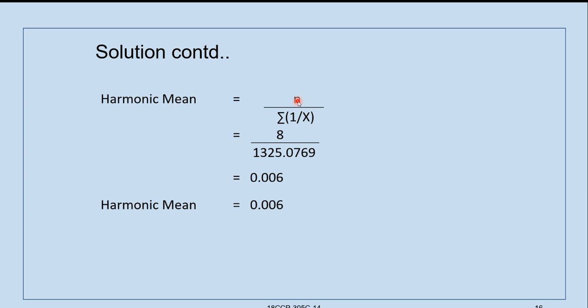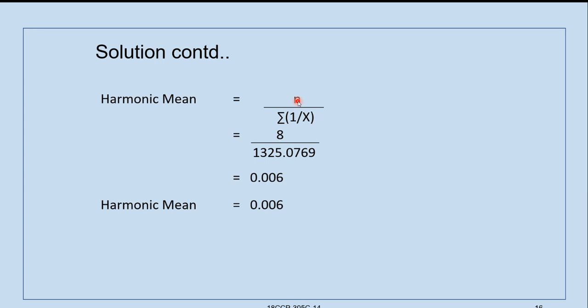So 8 by 1325.0769, the number of items is 8. The harmonic mean is 0.006. See how small the harmonic mean is.